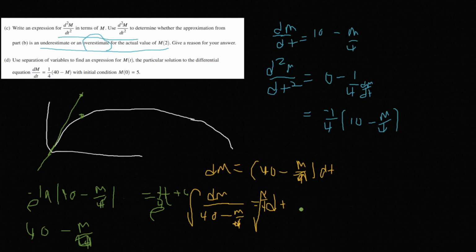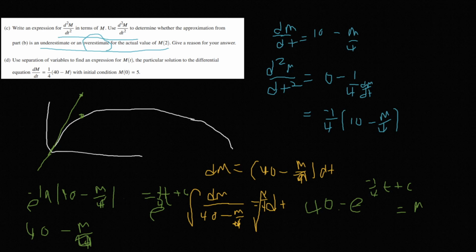So that should be equal to 40 minus c e to the negative 1/4 t is equal to m. Then we can pull the c out front if we really wanted to.